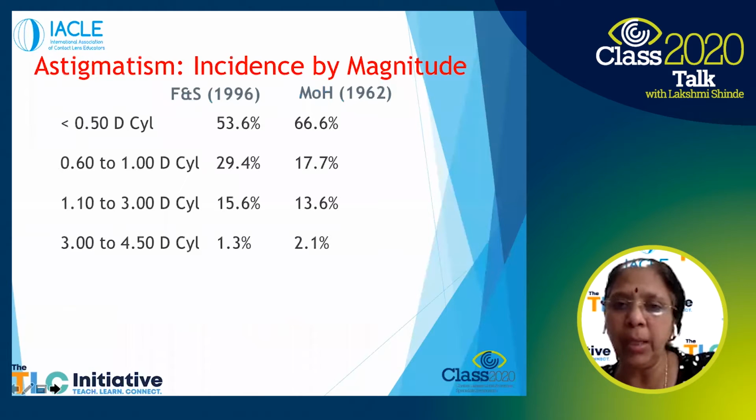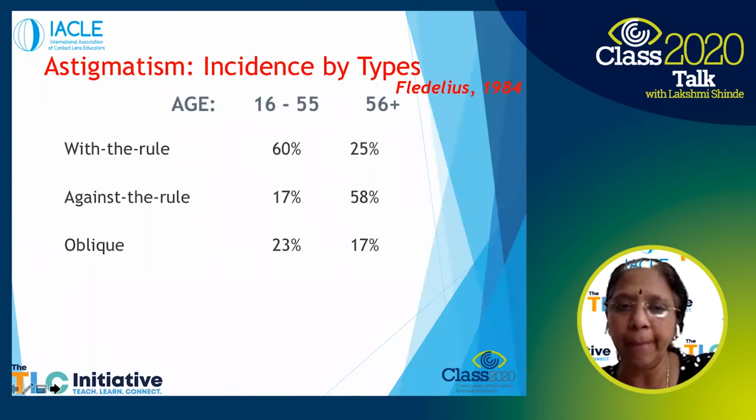Now, coming to the incidence in terms of the degree of astigmatism, we find that as the astigmatism grows higher, the incidence also keeps reducing. So in a population, more and more people do tend to have around 1 to 1.5 within that range, and the higher degrees of astigmatism are quite rare.